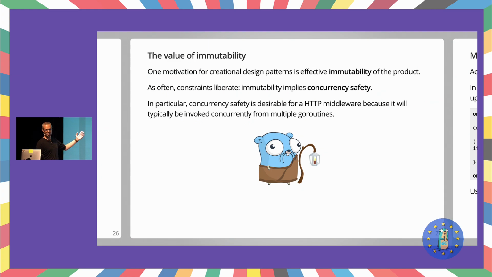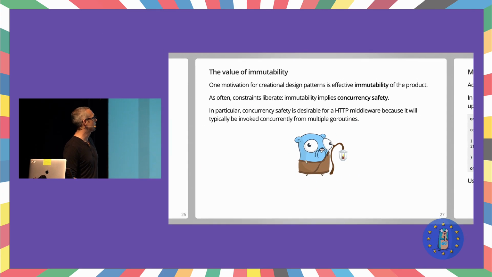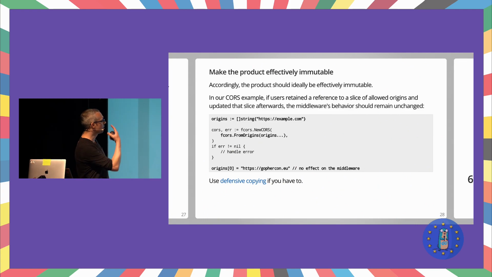And you do want concurrency safety for a middleware because it's typically invoked concurrently from different goroutines, right? OK. So you should endeavor to make the product effectively immutable. What I mean by that is that your users should not be able to change the behavior of the product once they've built it. OK? They should not be able to change the behavior of the middleware once they've built it.